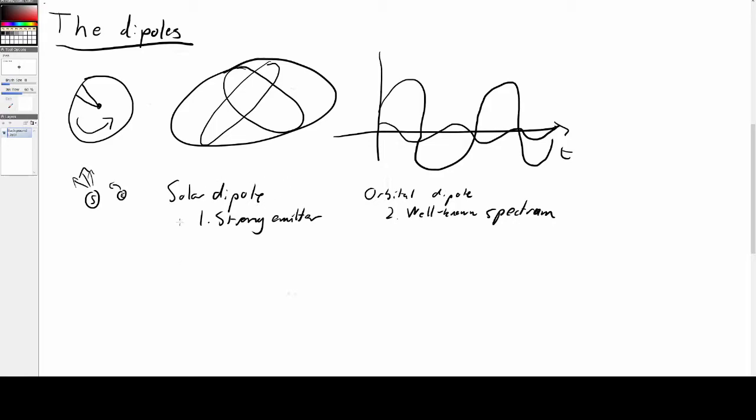So which of these dipoles should we use for calibration? The orbital dipole, if the gain was a constant, then the orbital dipole, although it's weak, and so it's dominated by a lot of noise and effects like the galaxy spiking up every now and then because the observation is crossing the galactic plane, which lies in the middle here.